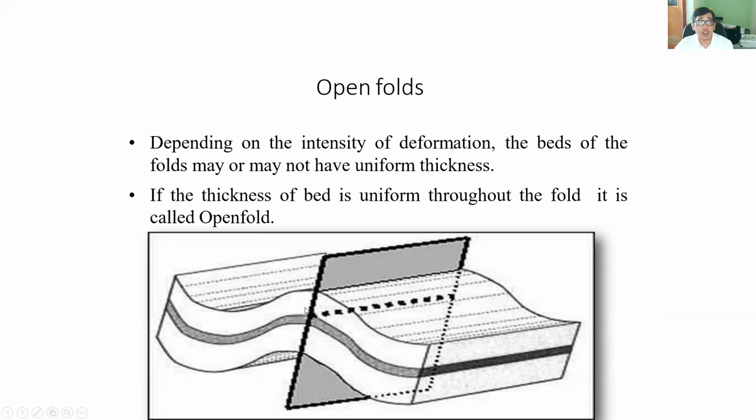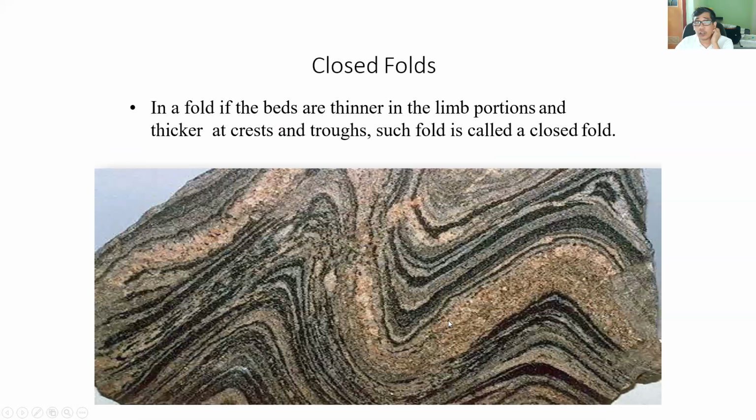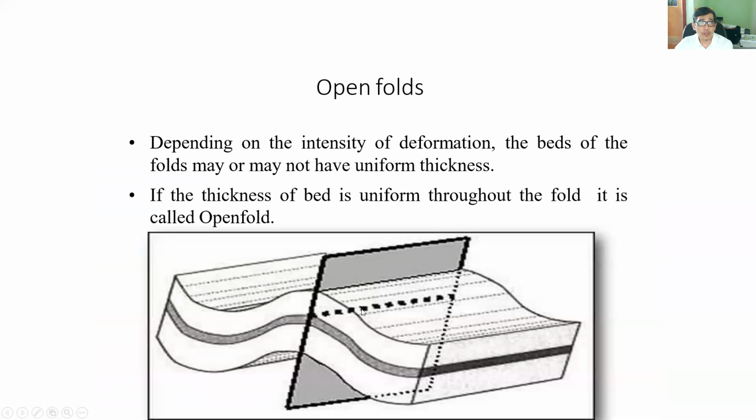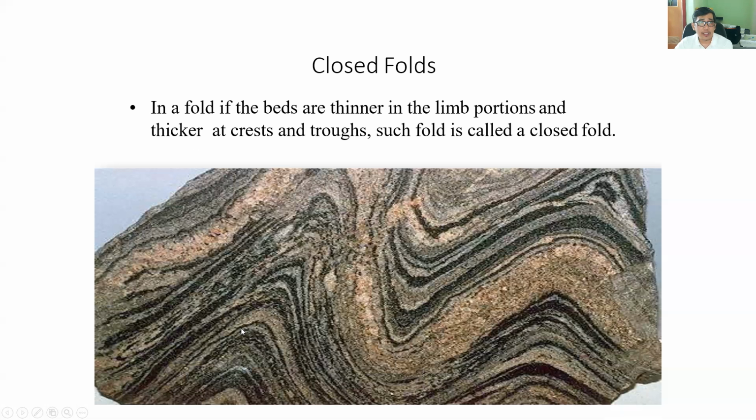If the folds are not uniform, it is called a closed fold. So uniform folds are called open folds, and the irregular, uneven thickness of folds are called closed folds.